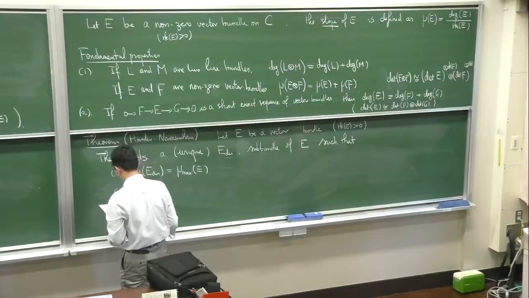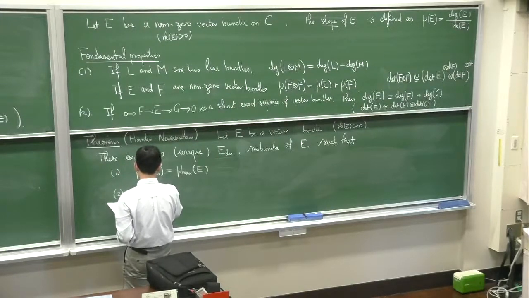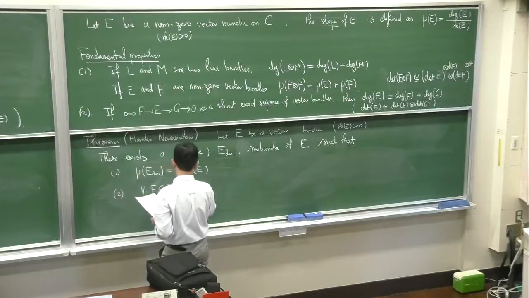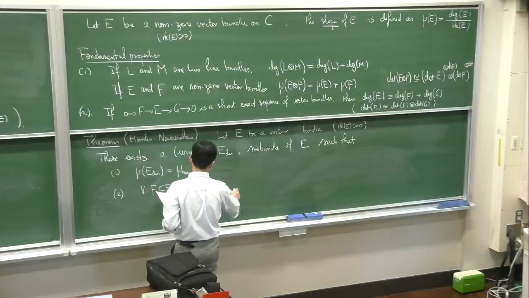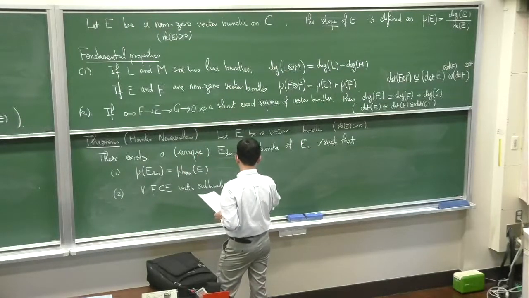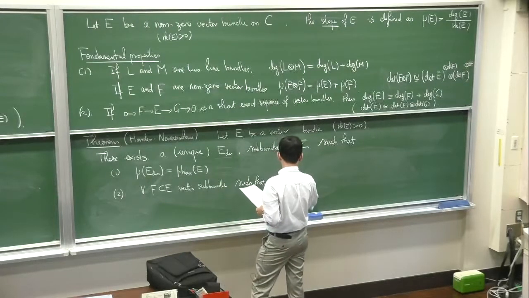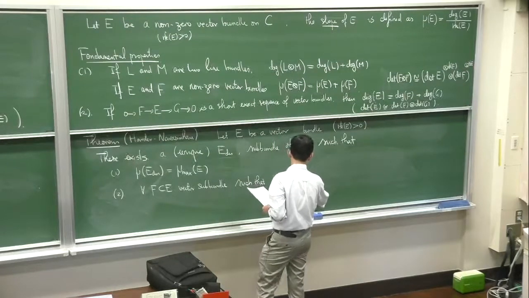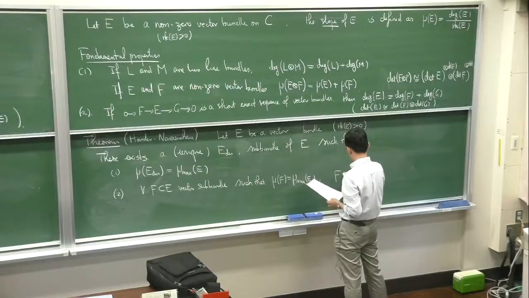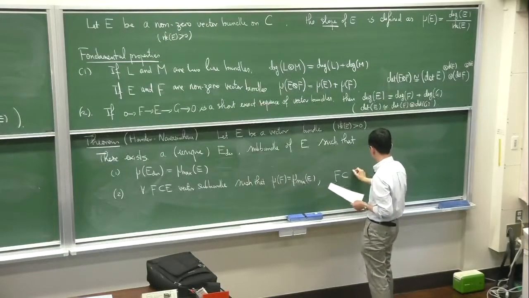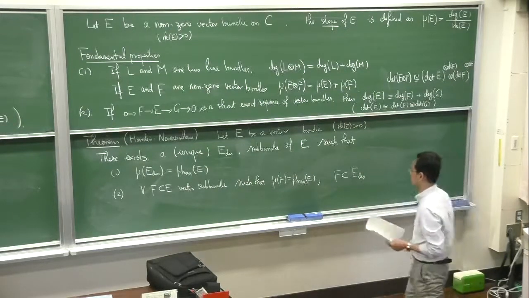And what is more interesting is the second condition. For any vector subbundle F of E such that the slope of F is also the maximal slope of E, you will have the relation that F is also included in this universal vector subbundle.